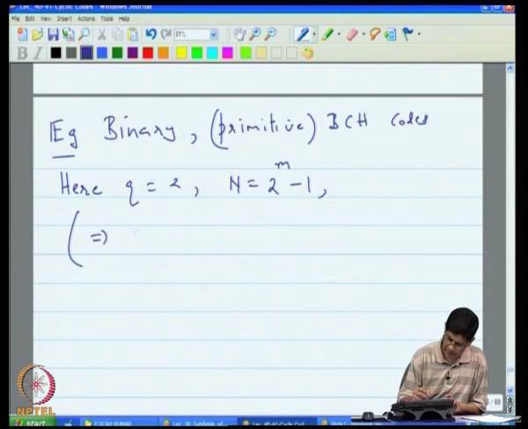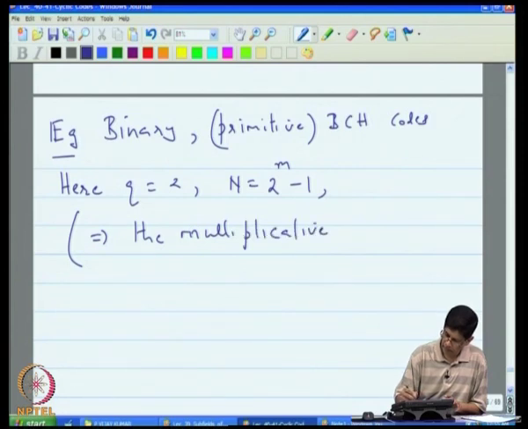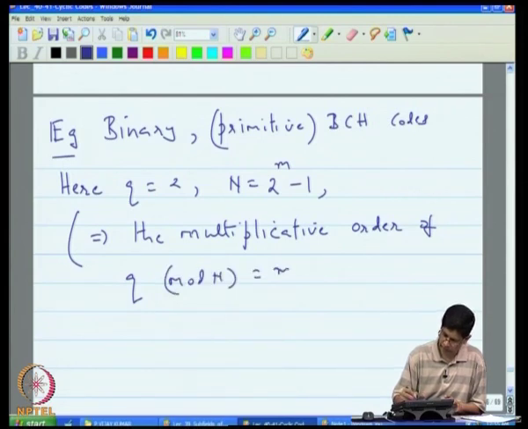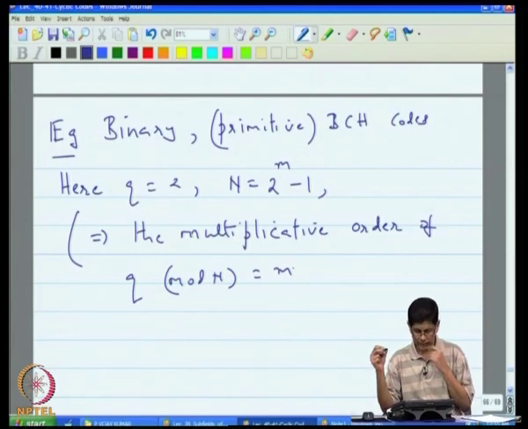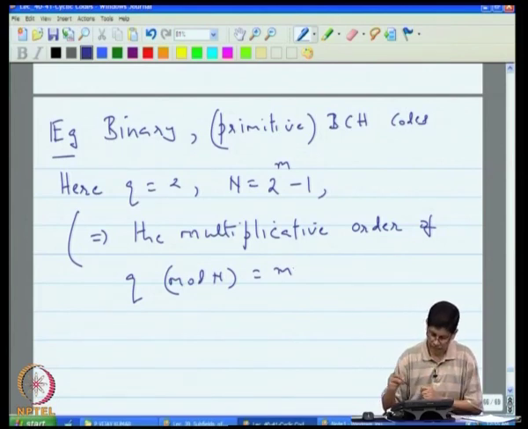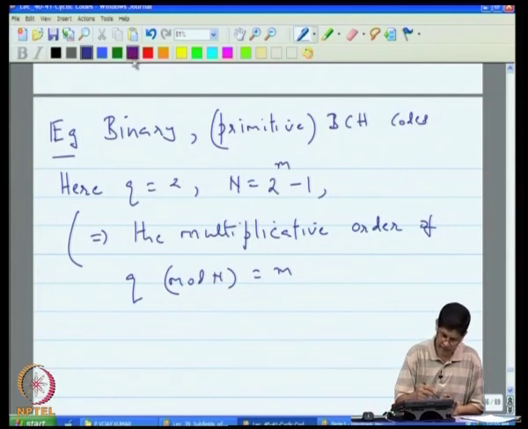So, this implies that the multiplicative order of q mod n is equal to m. So, I will leave that as a small exercise for you to check, it is quite straightforward.